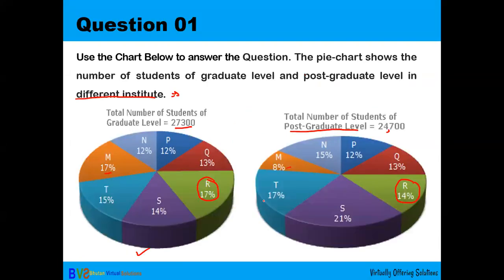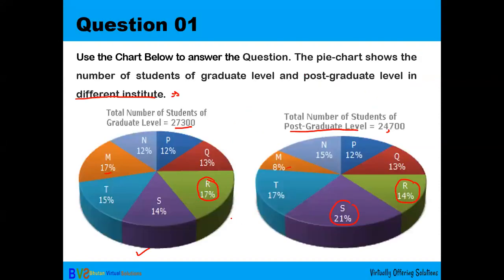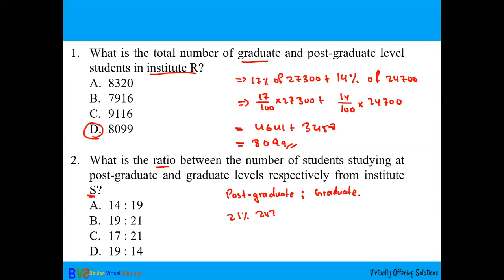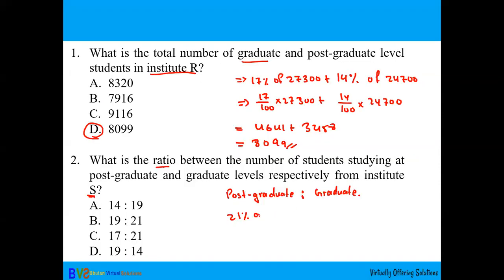For postgraduate in Institute S, there is 21% of 24,700. For graduate in Institute S, there is 14% of 27,300.